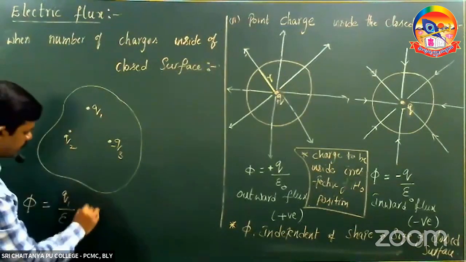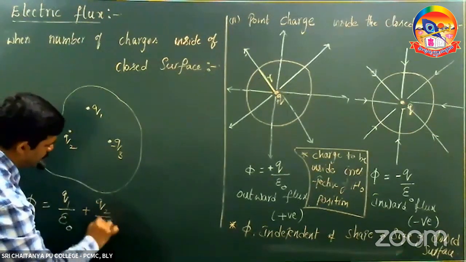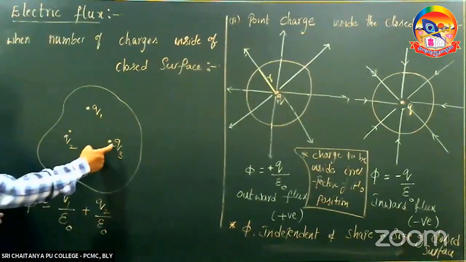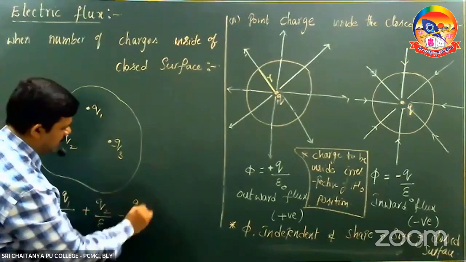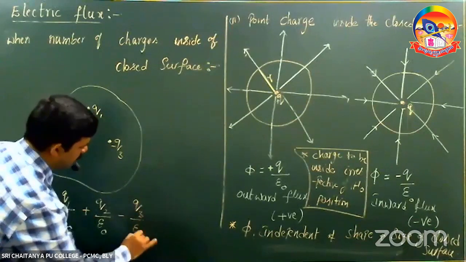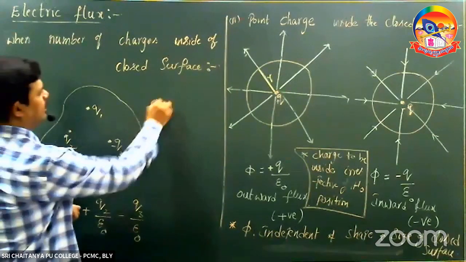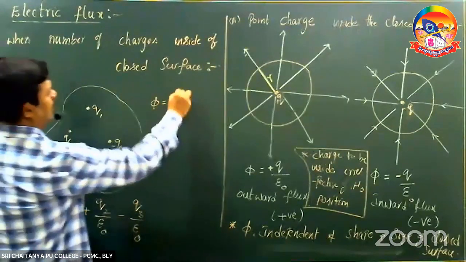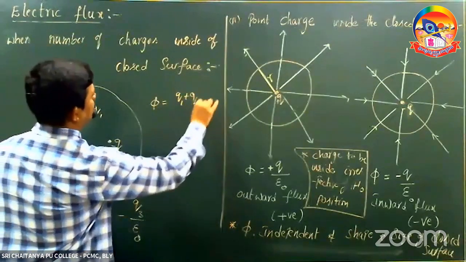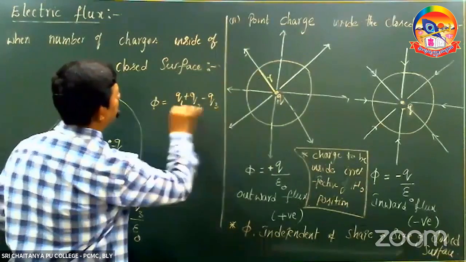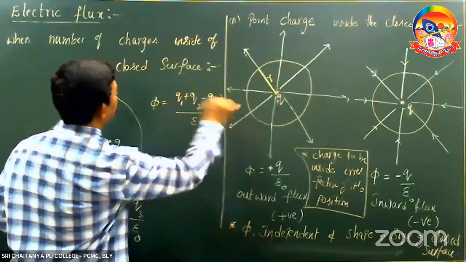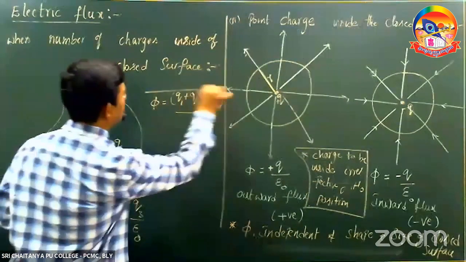Due to the second charge, Q2 by epsilon naught. Due to the third charge, minus Q3 by epsilon naught. Then what is the total flux linked? Phi is Q1 plus Q2 minus Q3 by epsilon naught. That's all.